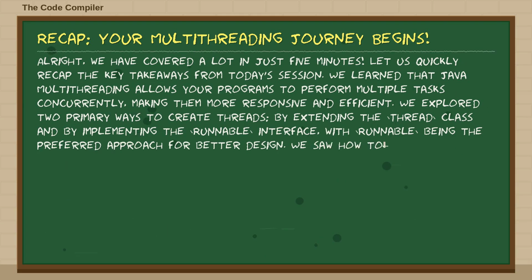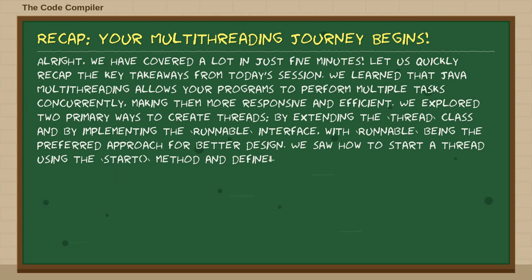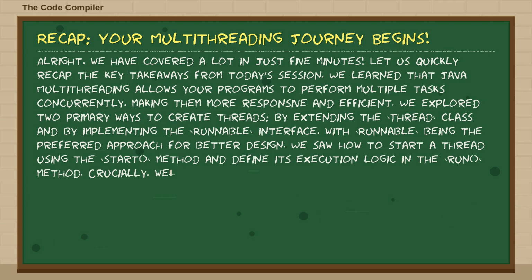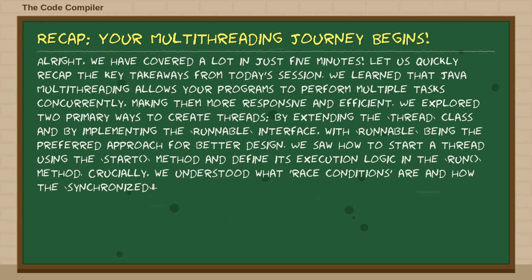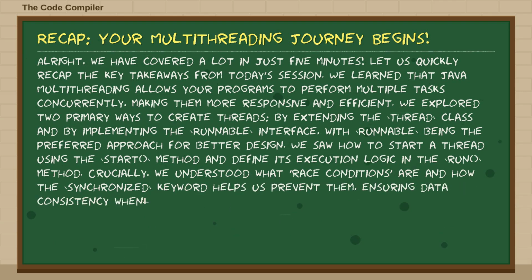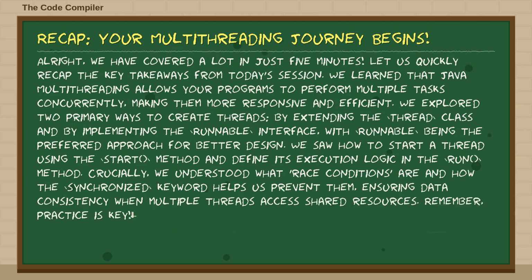We saw how to start a thread using the start method and define its execution logic in the run method. Crucially, we understood what race conditions are and how the synchronized keyword helps us prevent them, ensuring data consistency when multiple threads access shared resources.